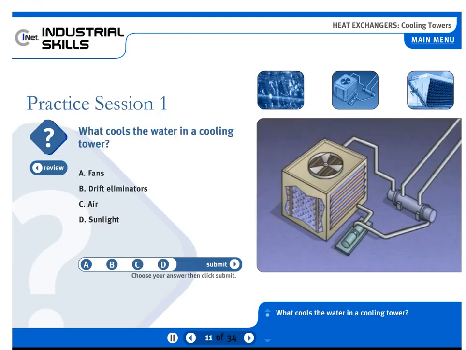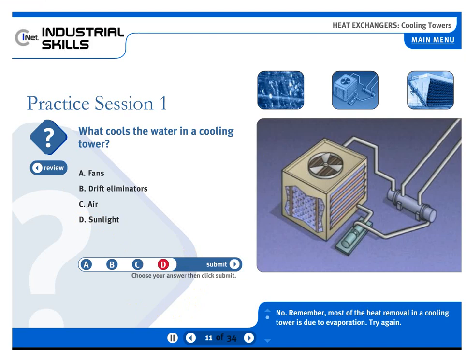What cools the water in a cooling tower? No. Remember, most of the heat removal in a cooling tower is due to evaporation.